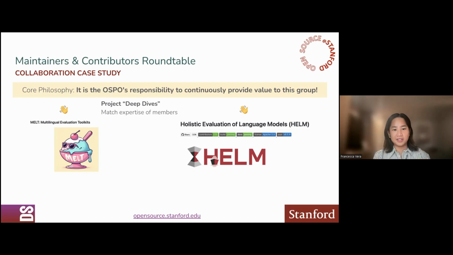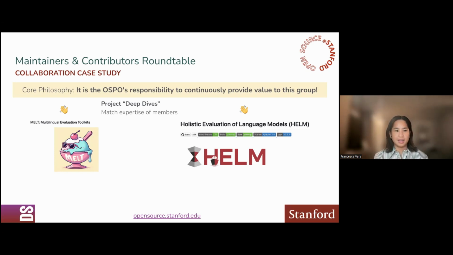So to illustrate how the OSPO and the MNCR in particular might provide value to this group, we did have a case where there were 2 projects being developed actually just rooms apart, feet apart in the same building, who had no idea of each other's existence, but more relevantly, no idea that they were both developing evaluation frameworks for language models.